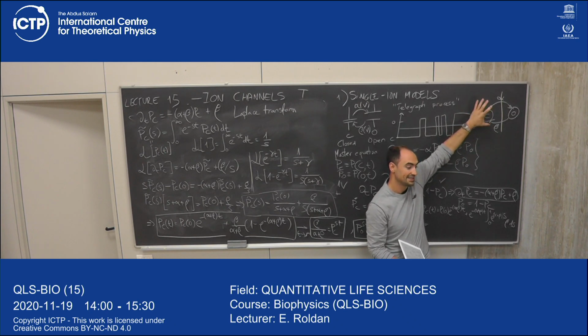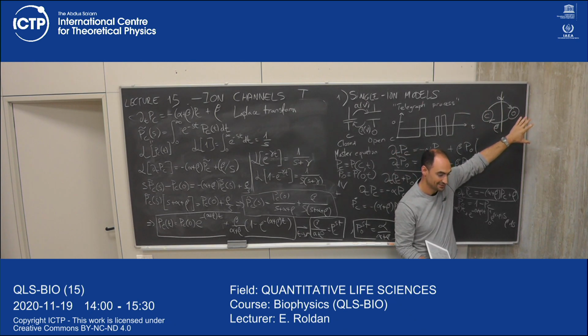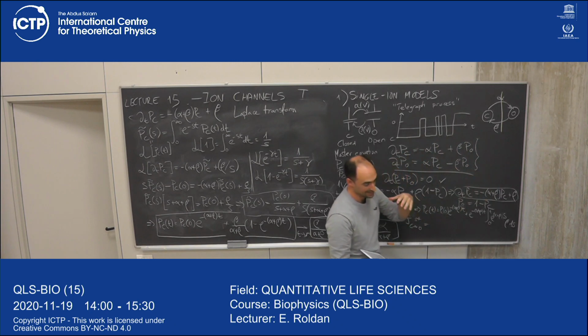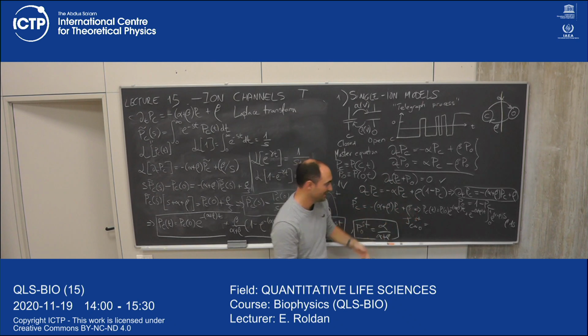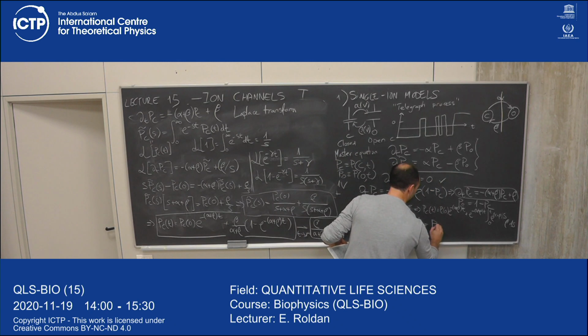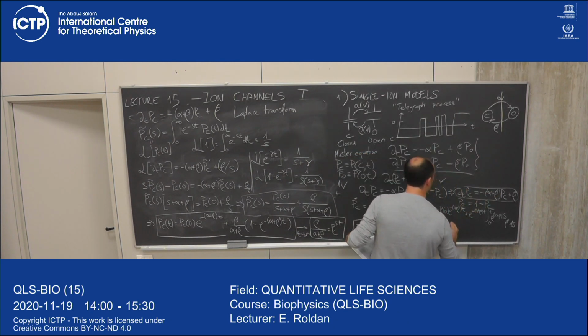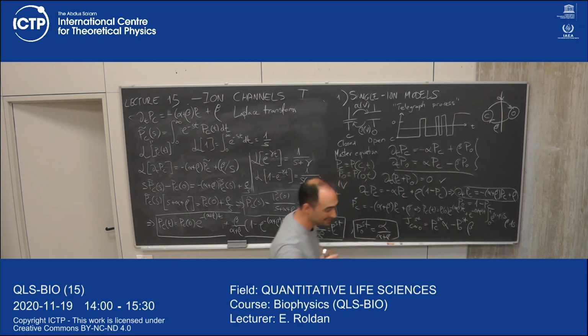The current is the number of coins I have times the rate, how fast they go in this direction, minus the ones that come this way. So there's a balance, okay? It's the net current from C to O. Remember, the current is Pc stationary times the rate to the right minus Po times the rate to the left. Okay, do you get this? Yes. Okay.